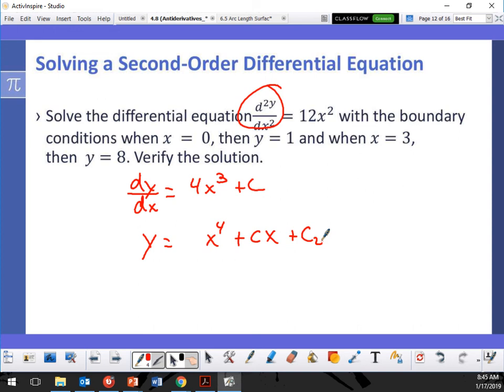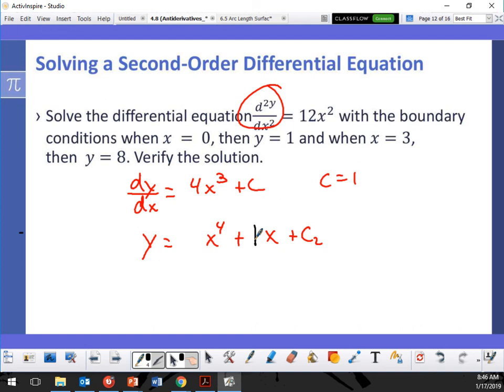So the first set is 0 and 1, right? So if I plug in 0 and 1, c is going to be 1. So if x is 0, this is going to be c is 1. So in this case right here, I can now change that to 1, right?